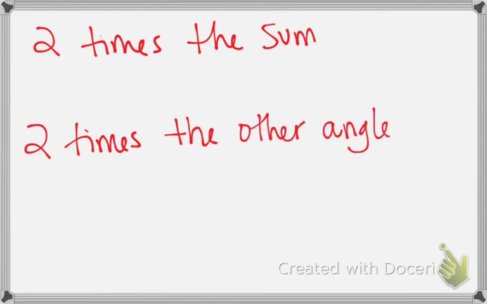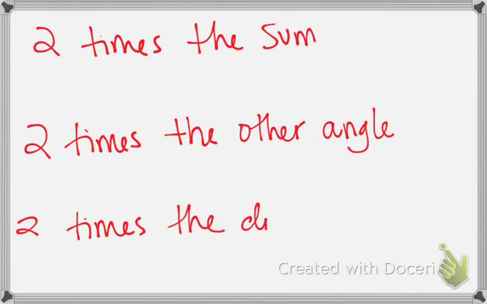You're going to have problems like this, so I'm trying to help you. 2 times the difference. These are 3 examples of what you might see in a word problem, and you set them up differently, each of them differently. Obviously, the number is interchangeable. You could see 5 times the sum, 5 times, whatever.